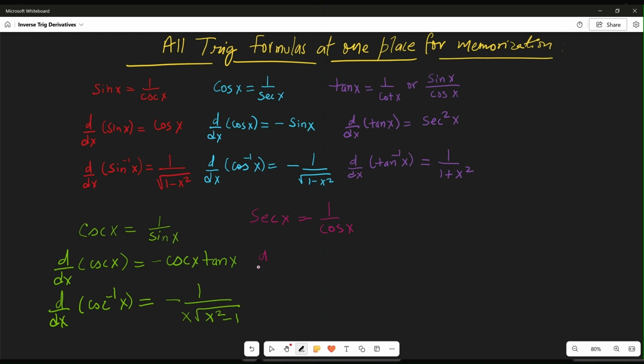The derivative of secant of x is secant x tan x, and then the derivative of secant inverse x is 1 over x times the square root of x squared minus 1.